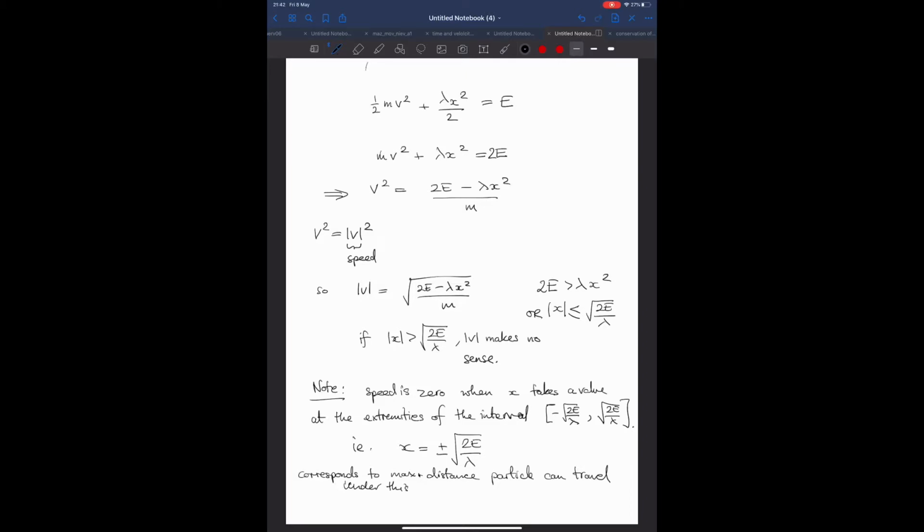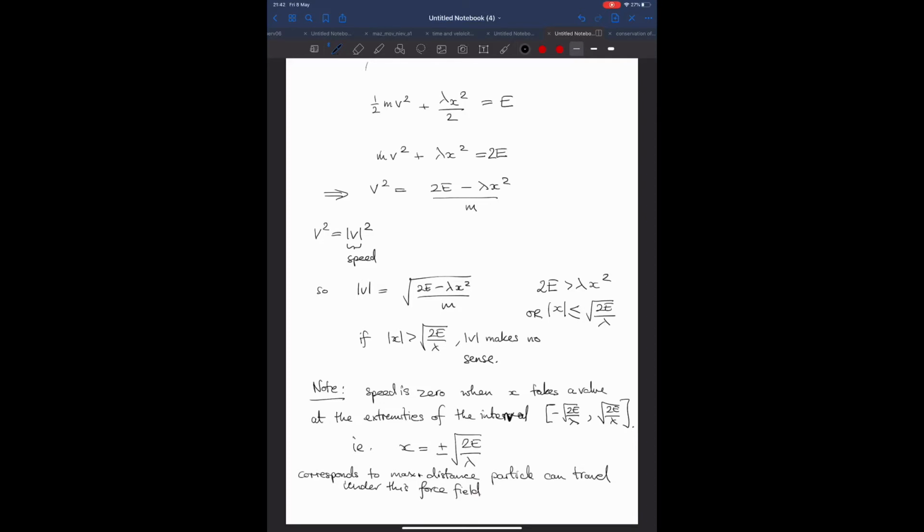Okay, so that's a very important point about the energy balance. It's just revealed this information. If an object moves under such a force field, then the motion of the object is bounded, and its speed is instantaneously zero when x is at the extremities of this interval.